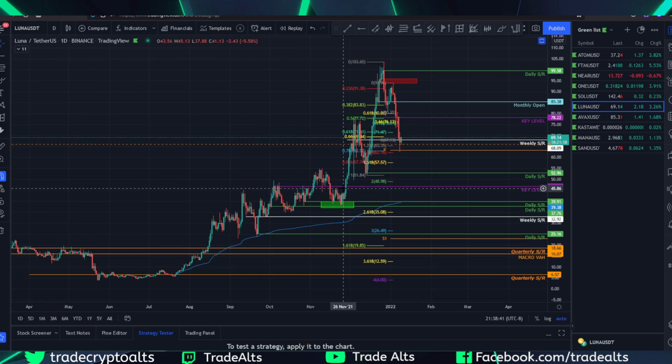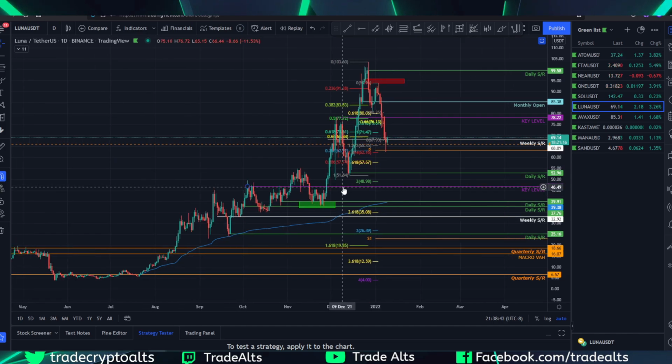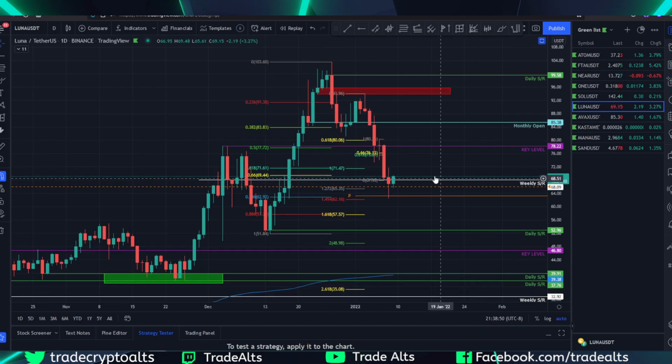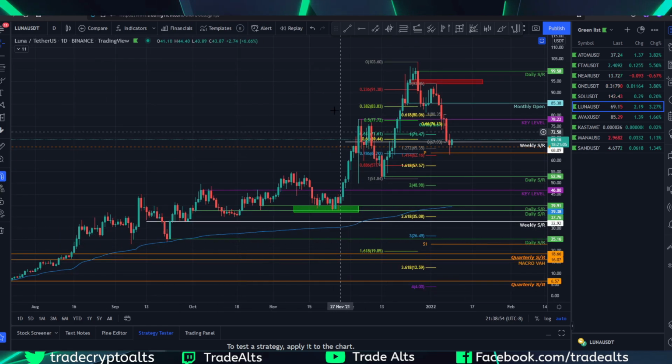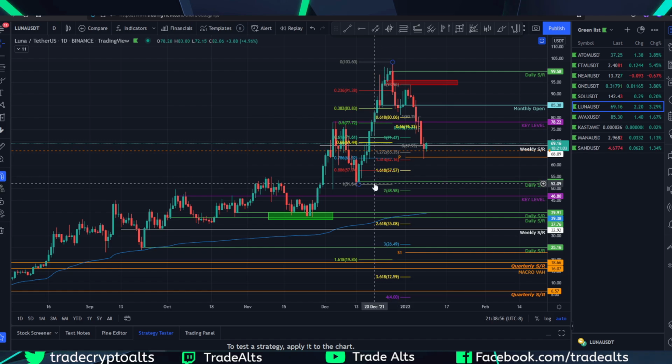But anyway, to get back on topic, the pull that I use to get this level: when I'm zooming out, I'm looking for important pivots, places where the behavior of price changed.